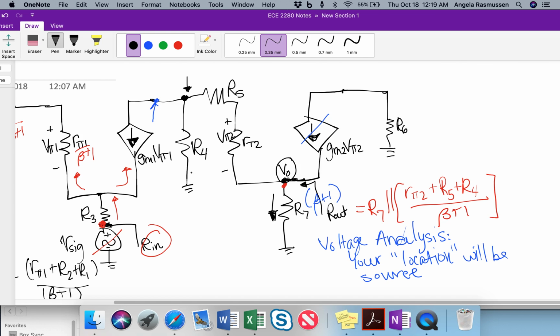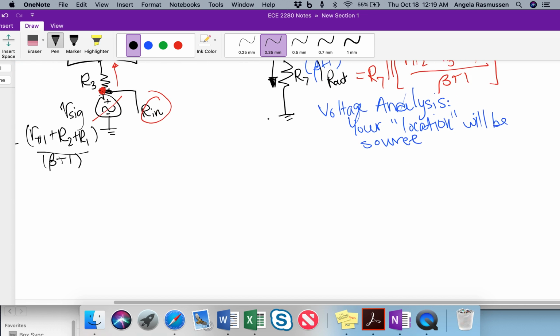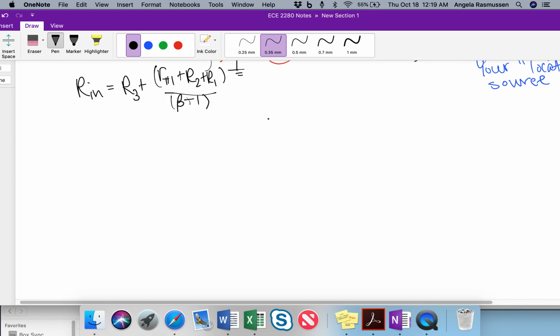So either way, a current divider, current times resistance, or take a full equivalent resistance here at the base of all of these and take current times those resistances to get that voltage, and then from there do a voltage divider again. So we can do both of those to give you practice with both.